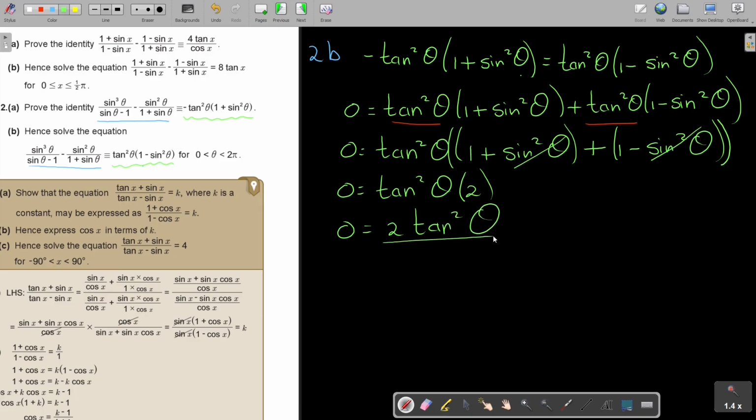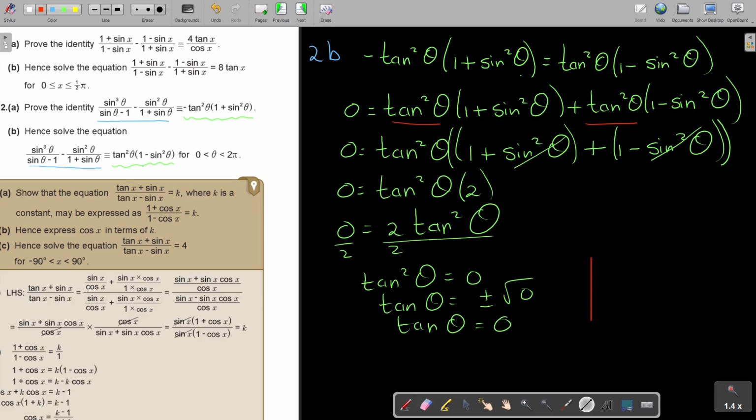It doesn't matter. If you divide by 2, it's going to stay tan squared theta is equal to 0. Even if you take the square root of plus minus 0, it's still the same. It's 0.